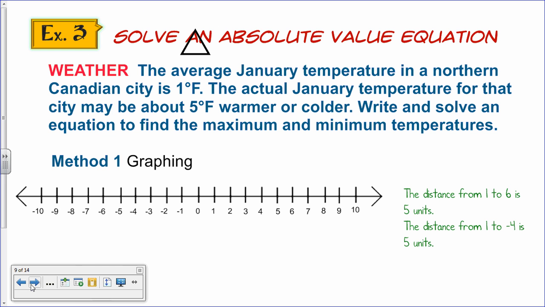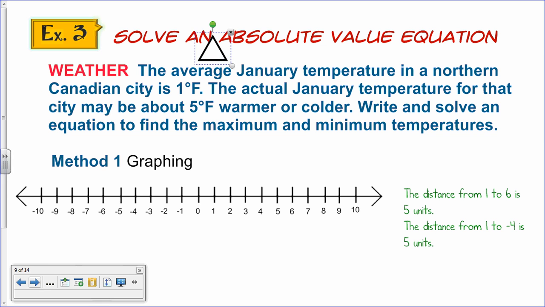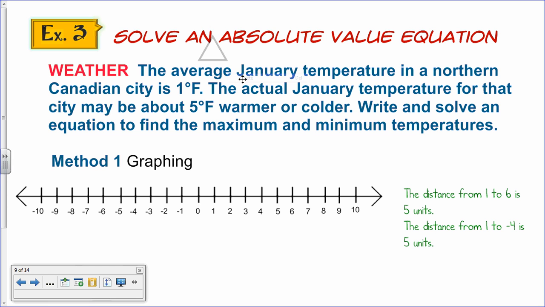Okay, example 3. The average January temperature in a northern Canadian city is 1 degree Fahrenheit.